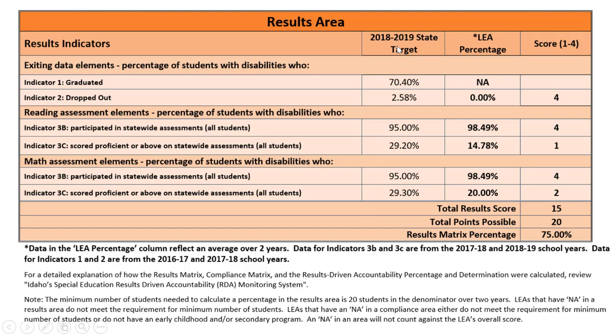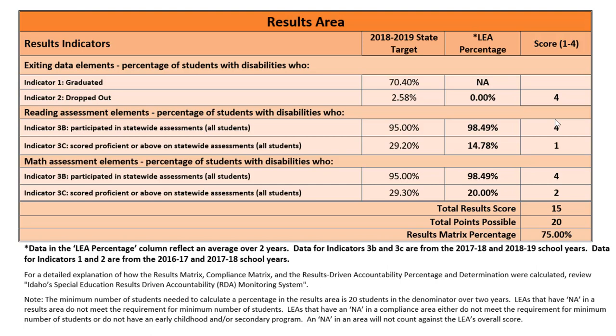So in this column here, we have the 2018-19 state target, and then here is the LEA percentage. And then we've got the score from 1 to 4. Now, another thing that we've done differently this year is instead of just using the current year's data, we are using 2 years worth of data.